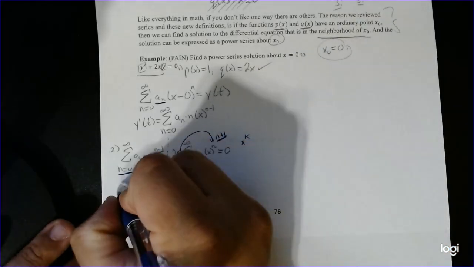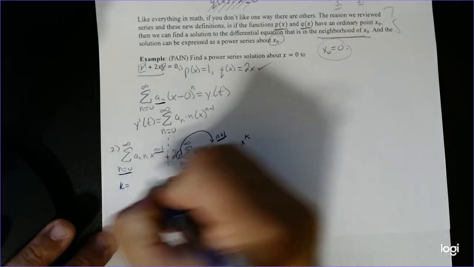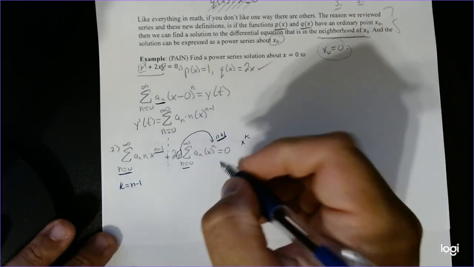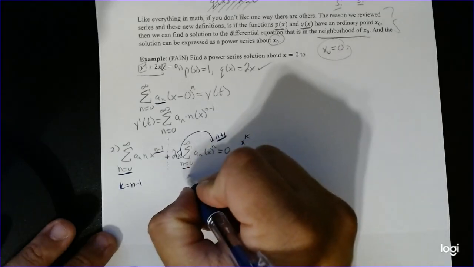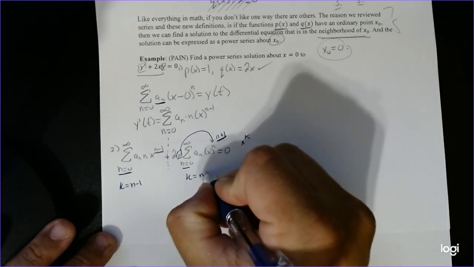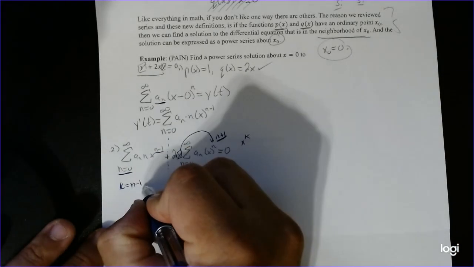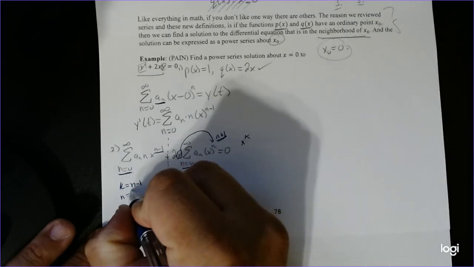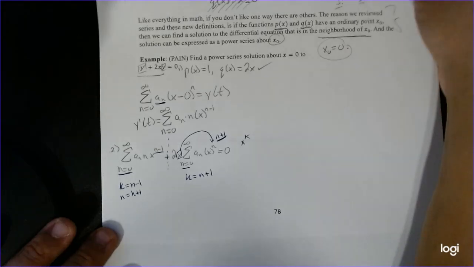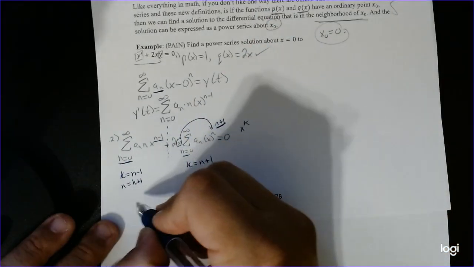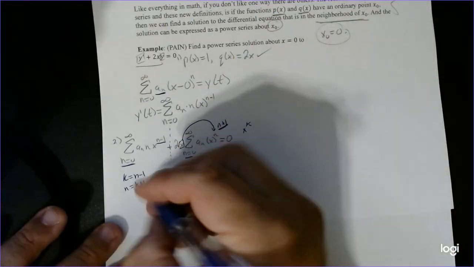So over here, we're going to have k equaling n minus 1. And over here, we'll have k equaling n plus 1. So in this case, n is equal to k plus 1. So if I want to rewrite all of this portion, I'll just do it up here.